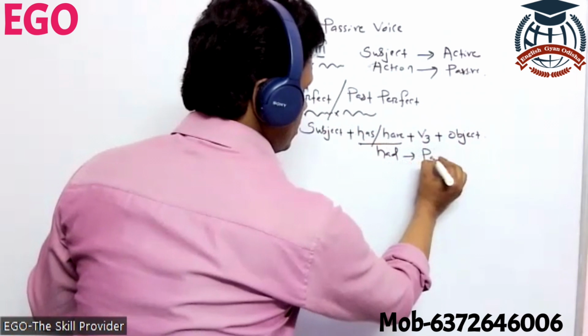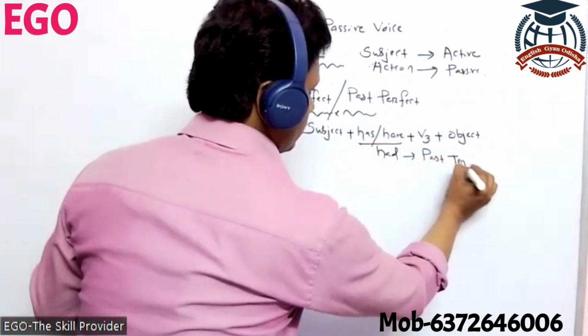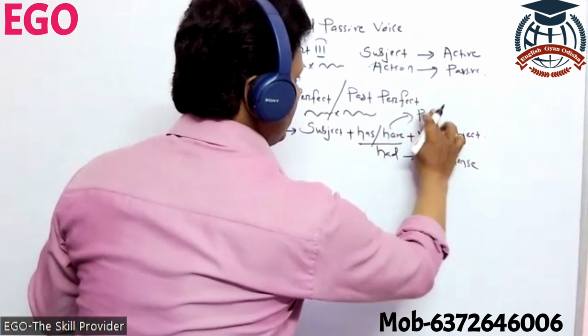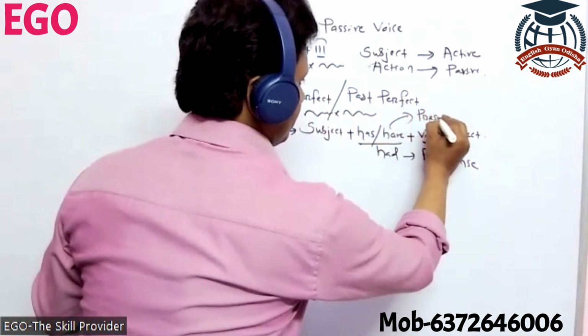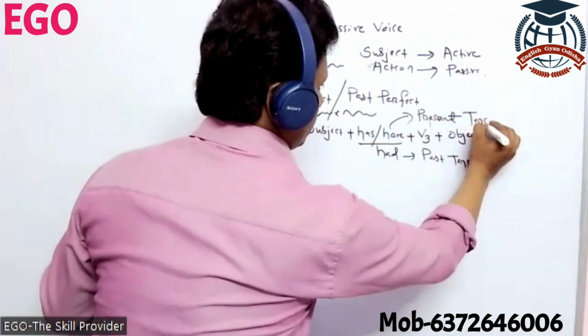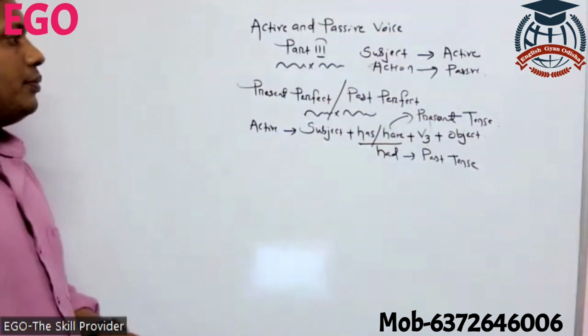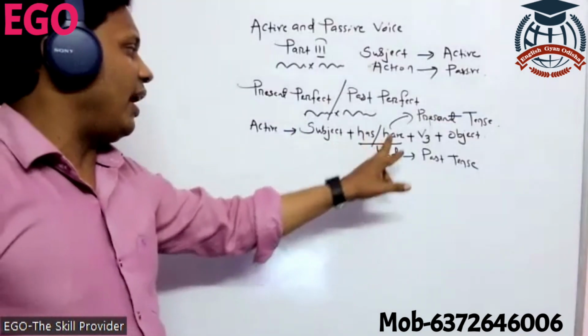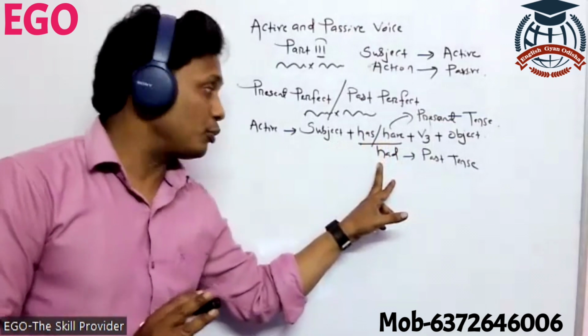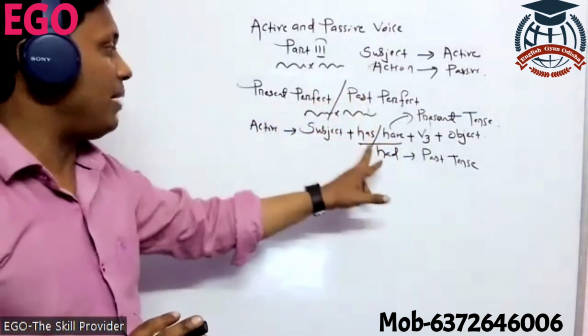Had is called past tense and this is called present tense, and everything remains the same. So present tense is has or have, and past tense is had. That's the only difference you are supposed to get in present perfect and past perfect.